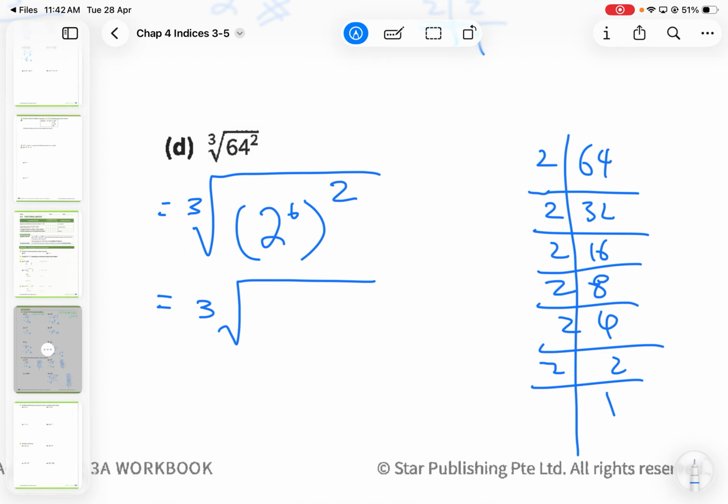I multiply the index together. Then, taking cube root is dividing the power. So, 12 divided by 3 become 2 to the power of 4.